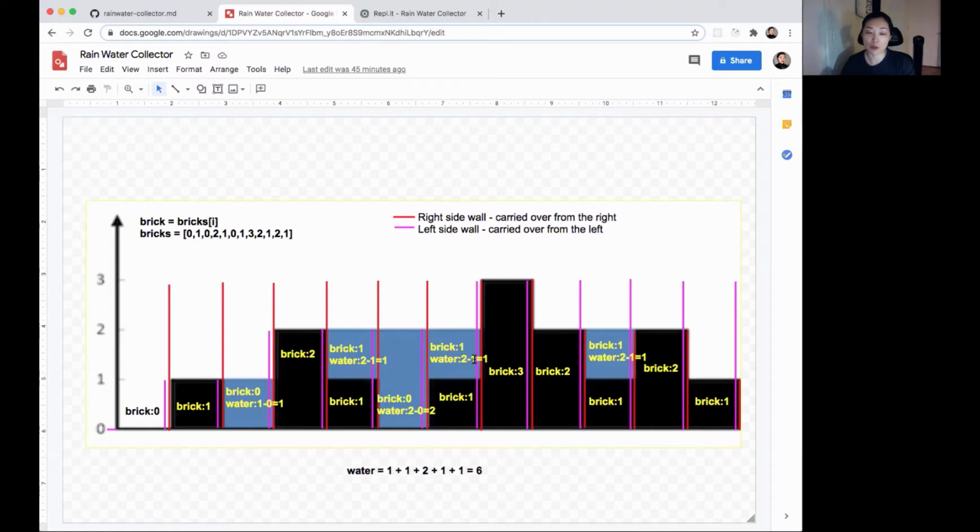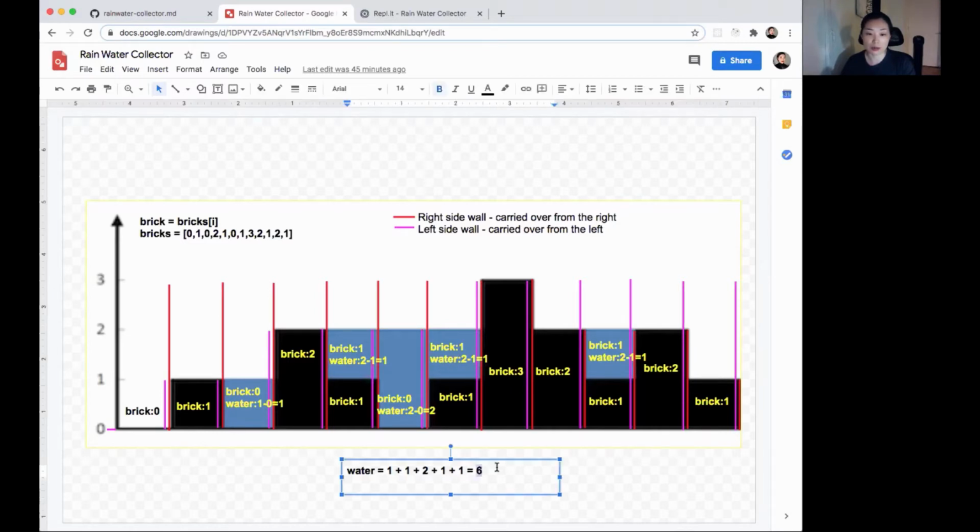So 2 minus 1 is 1. Then the last and sixth block of water is collected by subtracting the height of the current brick, which is 1, by the height of the bricks around it. It's either the left or the right, which is 2. So 2 minus 1 is 1. We then add all the water block numbers, and that gives our final result, which is 6.